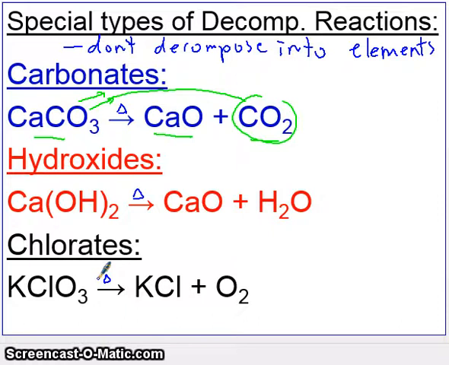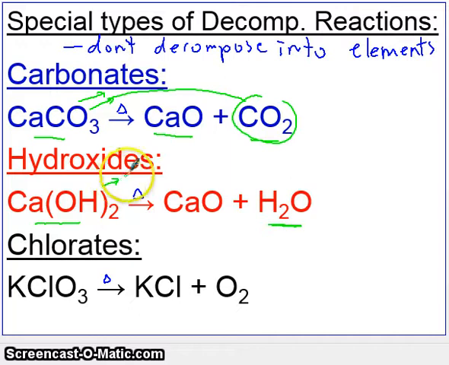The second type of reaction here are hydroxides. And hydroxides, recall, have this OH polyatomic ion at the back of it. So if we have calcium hydroxide, when we heat it, what happens is, hidden in here is actually a water. The water comes out, and here it is.